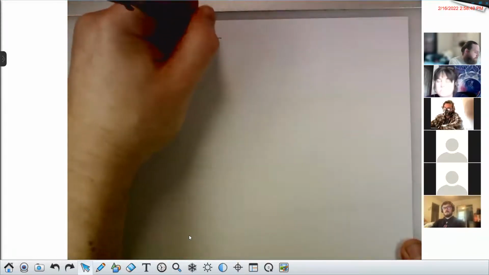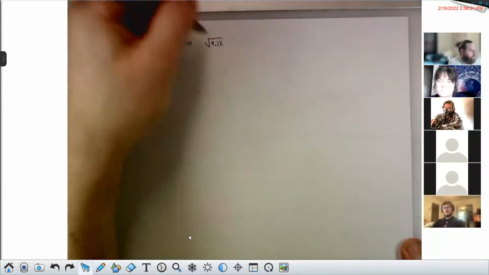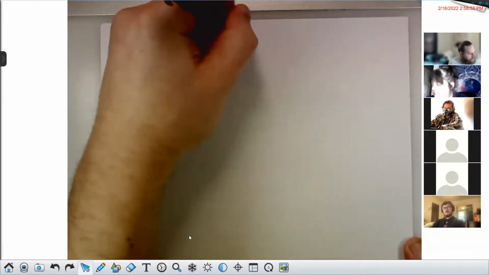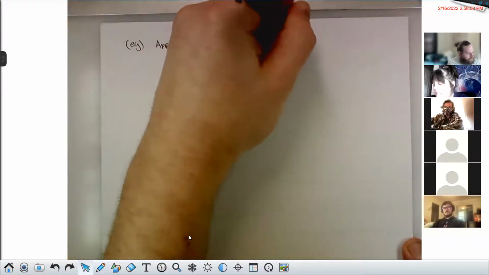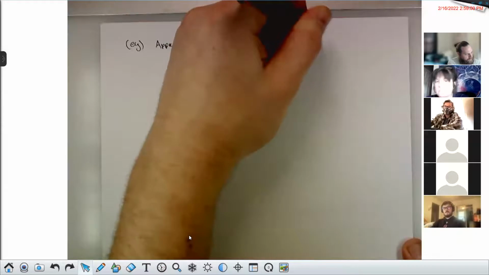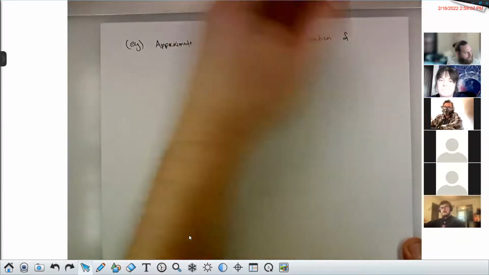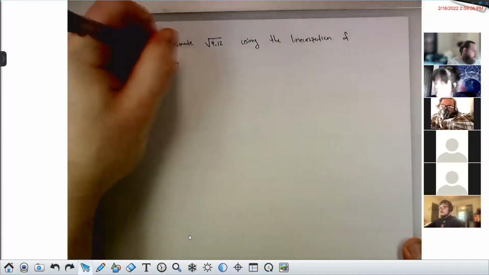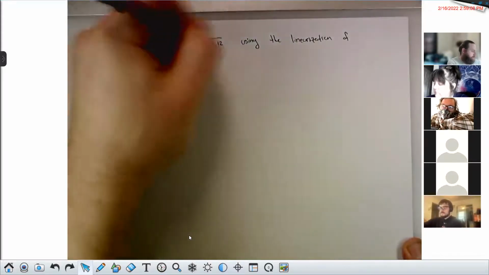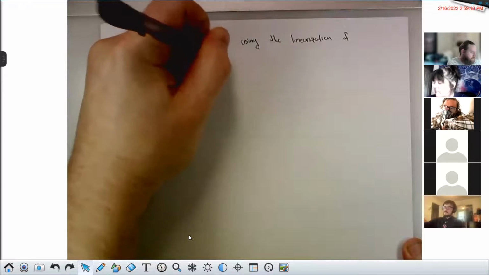Let's approximate the square root of 4.12 using the linearization of f of x equals the square root of x at x equals 4.